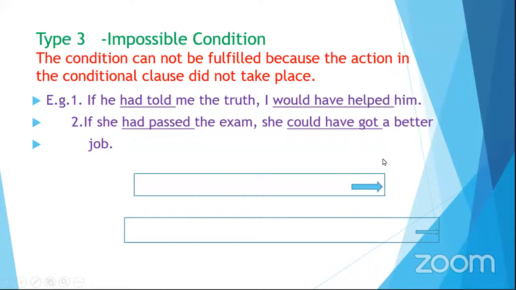Right. With this small knowledge of type 3, look at the two examples I have given, and I have given a small definition to that one as well. So I believe you have to write down at least one or two examples. Then our main focus of this type 3 is the form.